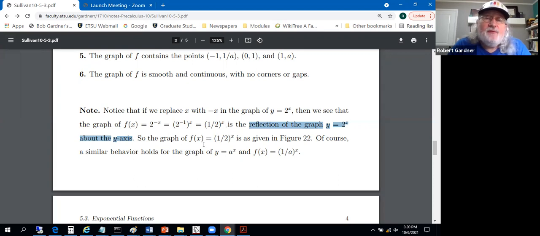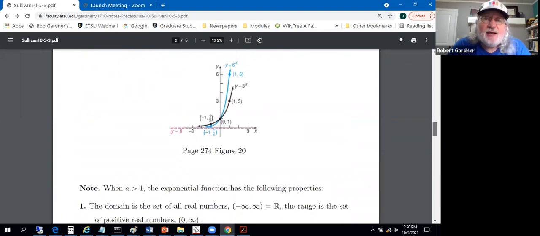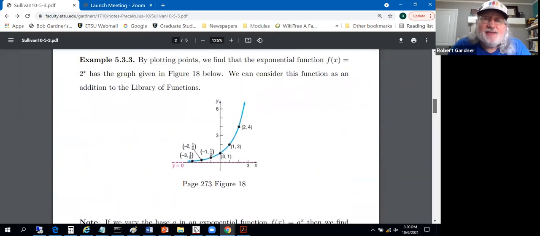So the graph of 1/2 to the x is what we get by taking the graph of 2 to the x that we just looked at and reflecting it about the y-axis. We'll look at a picture in a second, but what we're going to do is take this curve and reflect it about the y-axis. Replace x with negative x.